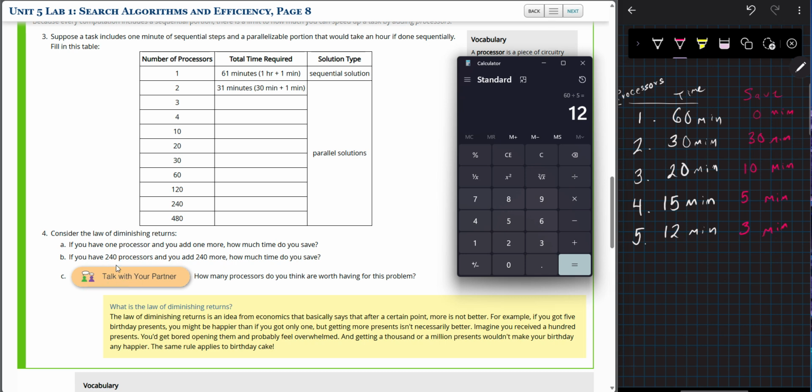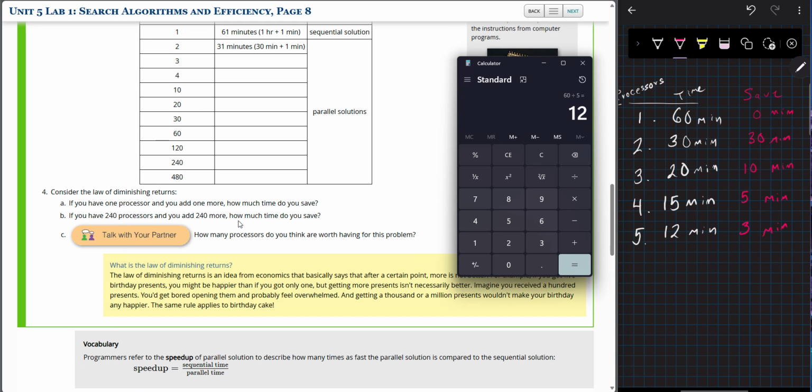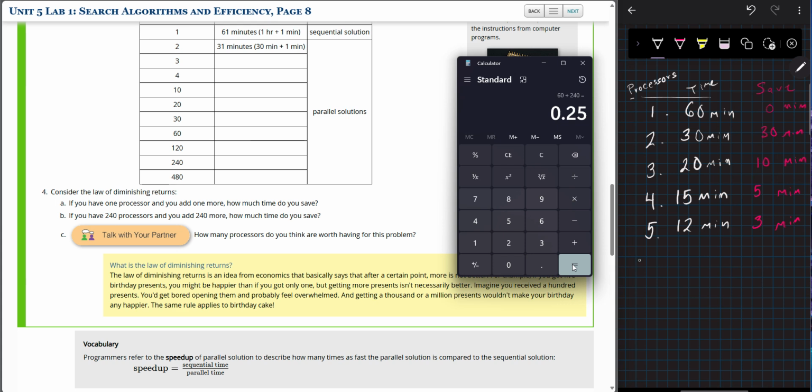So for example, if you have 240 processors and you add 240 more, how much time do you save? So let's see, 60 divided by 240. So for 240 processors, we take 0.25 minutes.